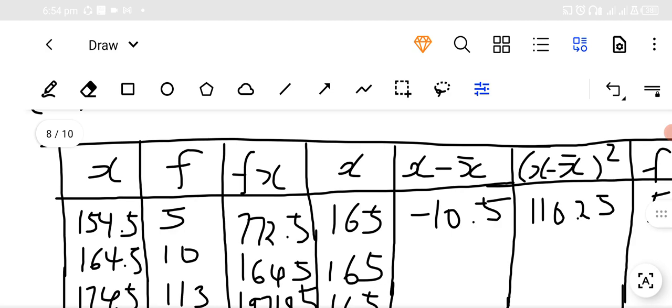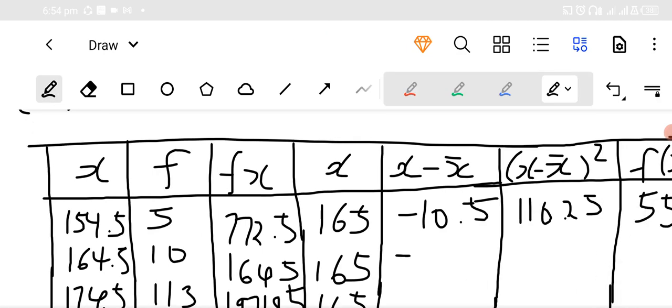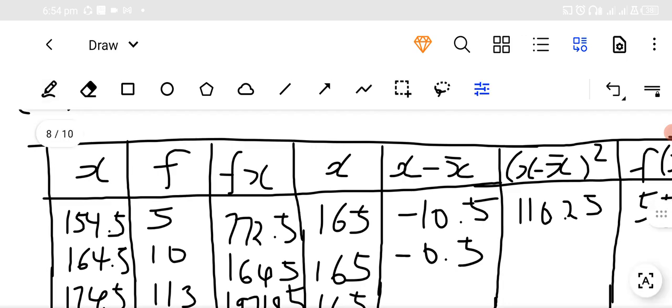Then I'm going to have 164.5 minus 165. This is negative 0.5. Square it. You're going to have 0.25.